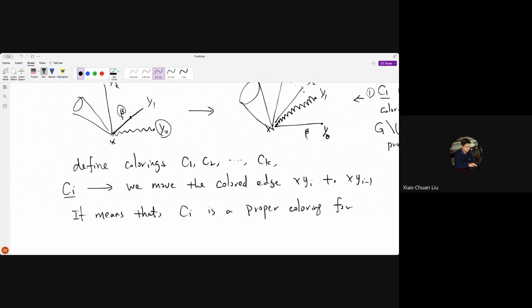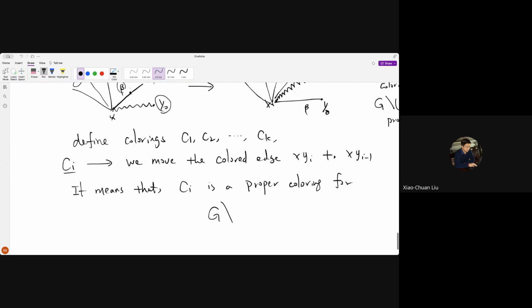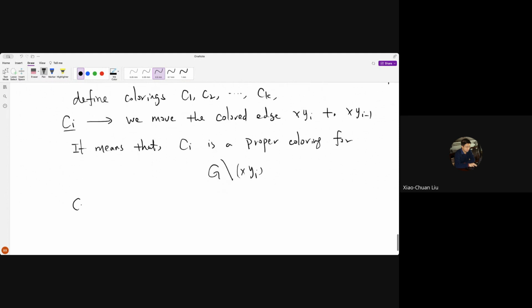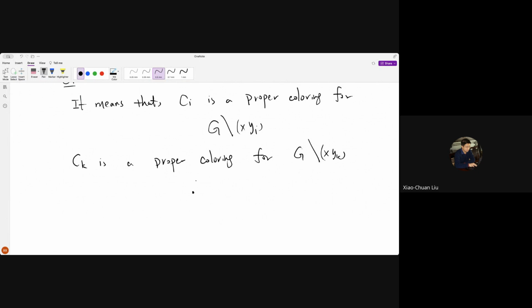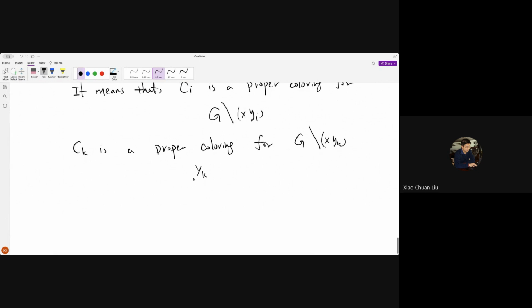for G minus x yi. In particular, CK is a proper coloring for G minus x yk. Okay, so for example, this is my yk. And now to draw CK, I have no edge here.